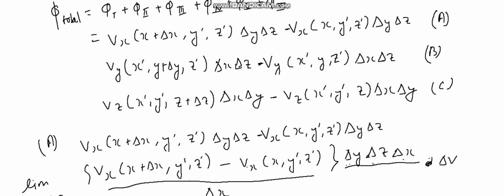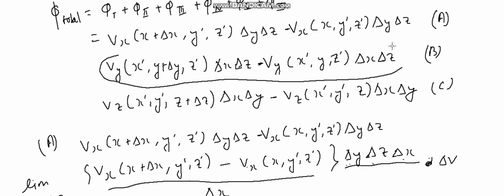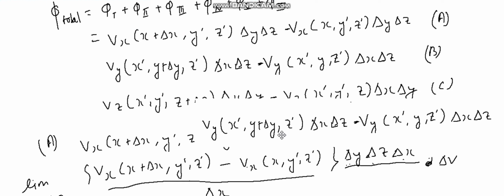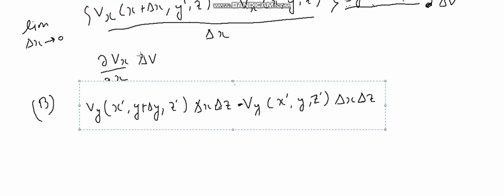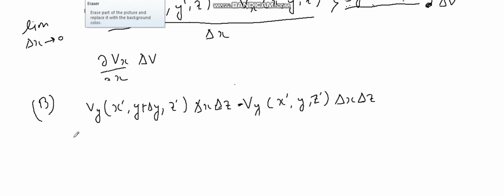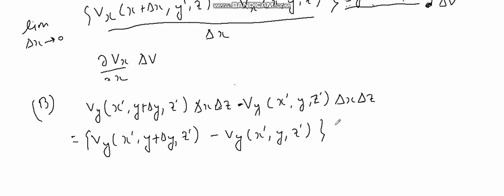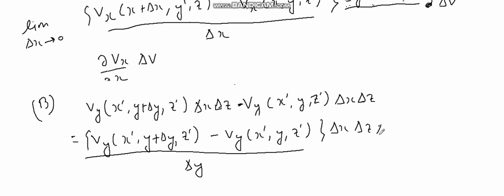we can also rewrite it. Let's factor it out: Vy(x, y plus delta y, z) y cap minus Vy(x, y, z) y cap, times delta x and delta z, divide by delta y and multiply by delta y.